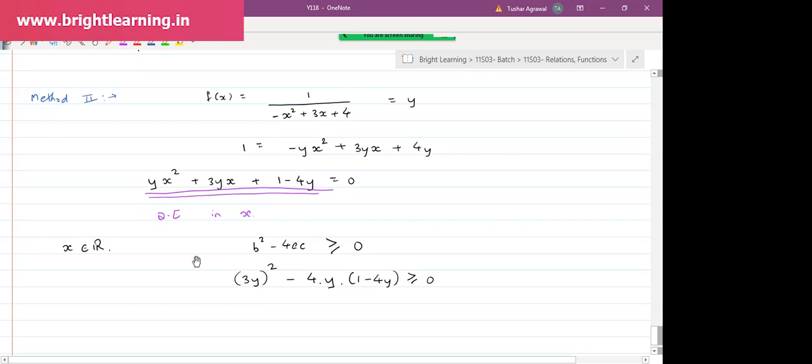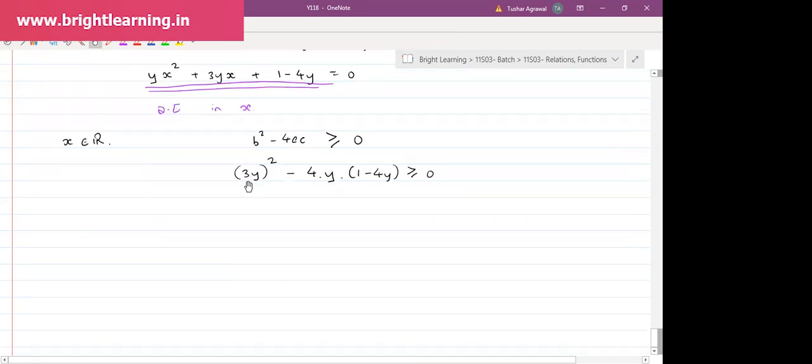So now we again get a quadratic in y. The simplification of this becomes 9y square minus 4y plus 16y square greater than or equal to 0. So this becomes 25y square minus 4y greater than or equal to 0.